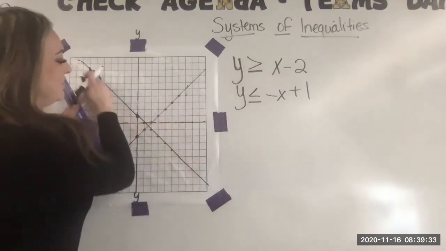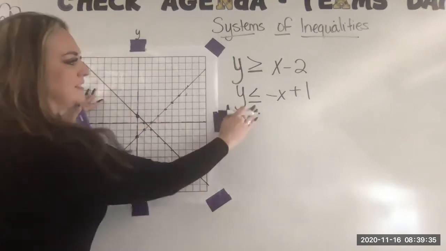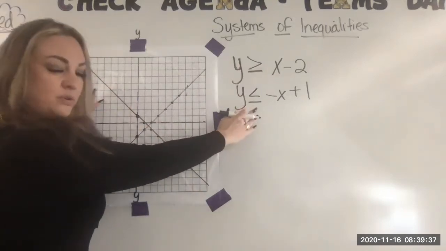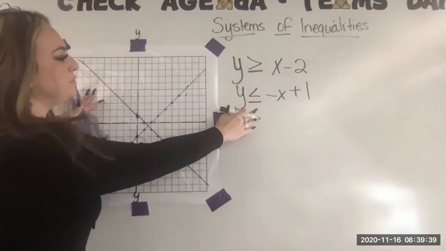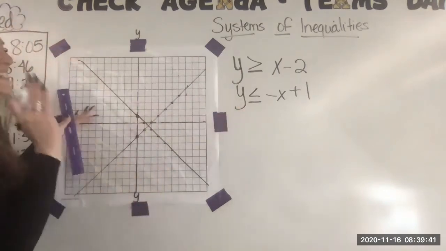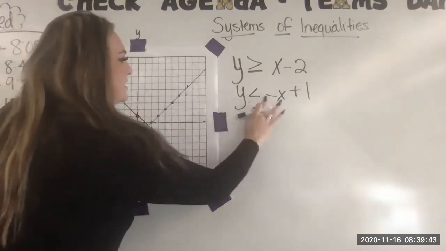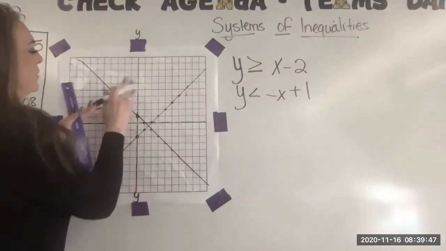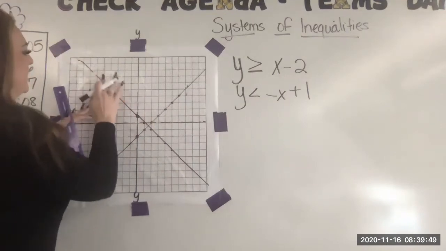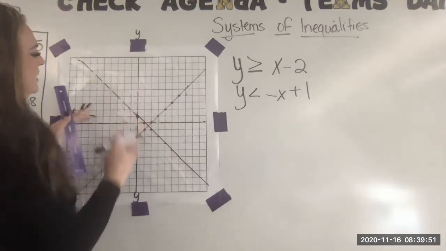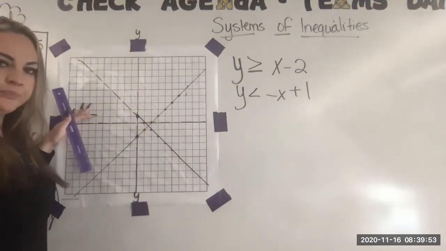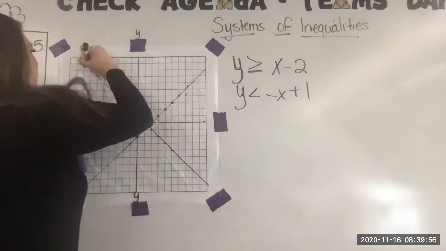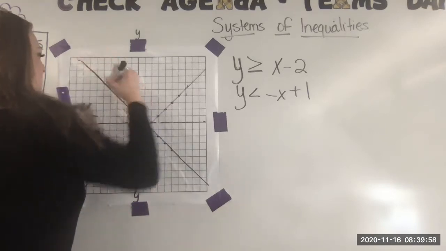We're also going to leave this line solid because this inequality also has that equal to in it. If it didn't, if let's say this one only was less than that expression, then we would want to go in and erase to make it a dashed line. But it does have it, so we're going to leave it solid, okay?